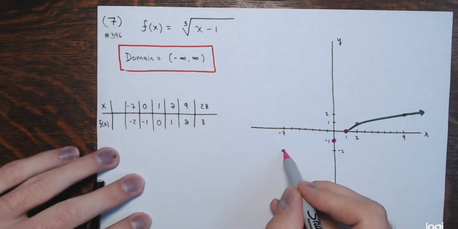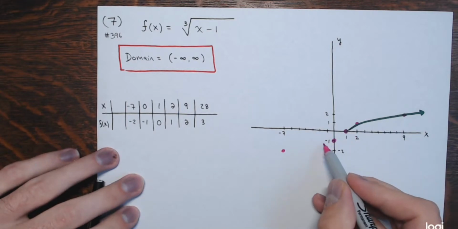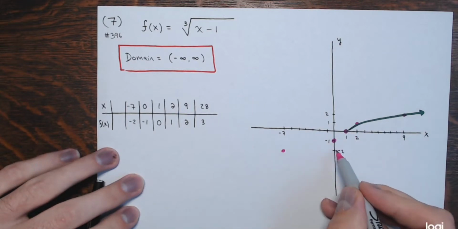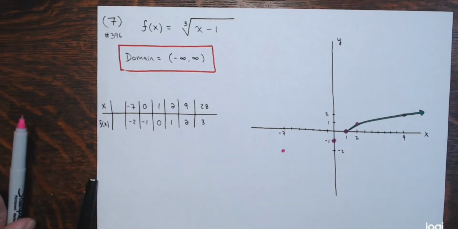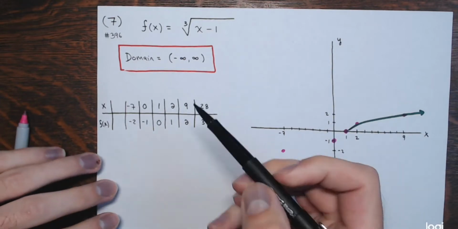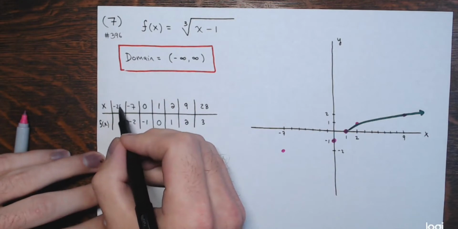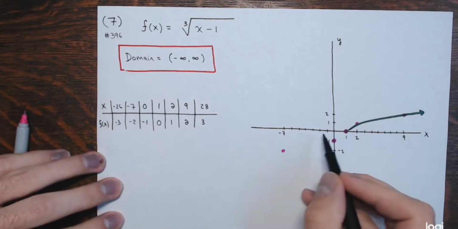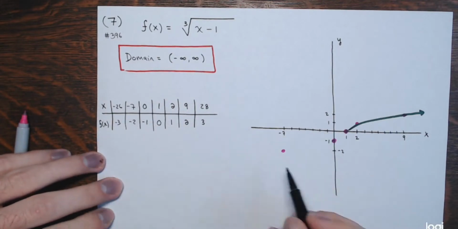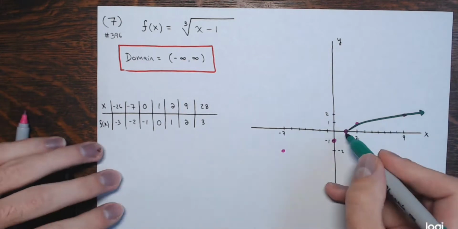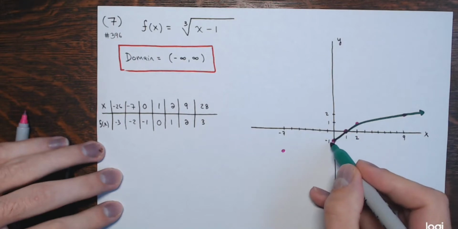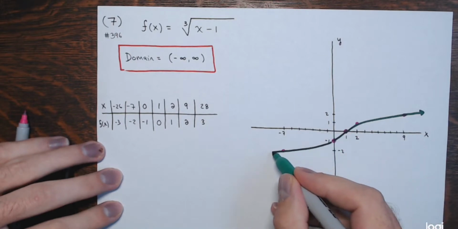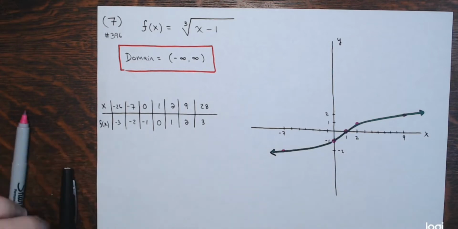There we go. And once again, as I go left here, this will go down forever. Negative 1, negative 2. I can get to negative 3 and negative 4 for y. If I want to get negative 3 as the output, I need to put in negative 26. Right, so at negative 26 input, I'd have negative 3 output, but it would be going down forever. So again, starting at this 1, 0 in the middle here, it would just be doing this, right? Going down forever that way.